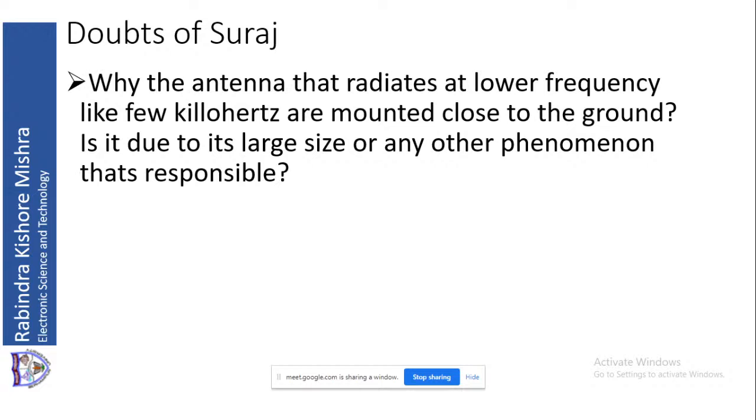But if any obstacle is in between them, then it becomes difficult because of diffraction, etc. So in these cases, people resort to two forms of communication: one is line of sight communication, the other is ground wave communication.